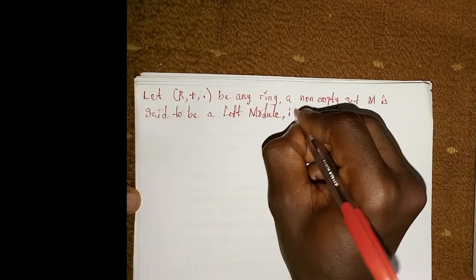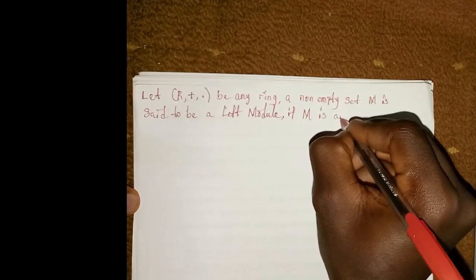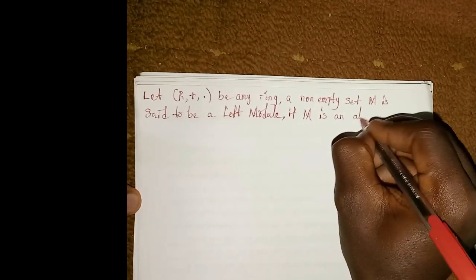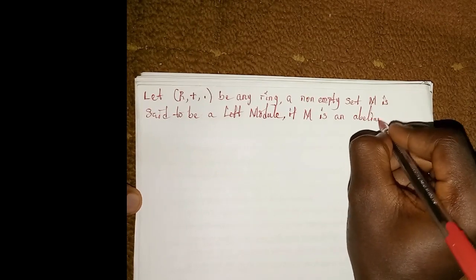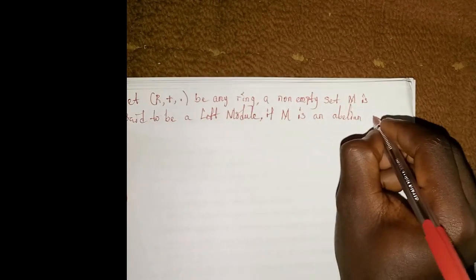Now, I proceed by saying if M is an abelian group, meaning M is commutative.